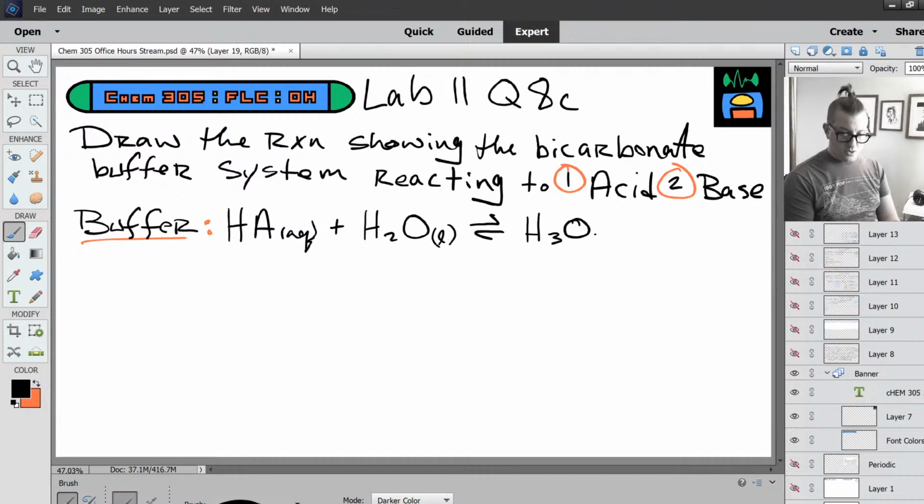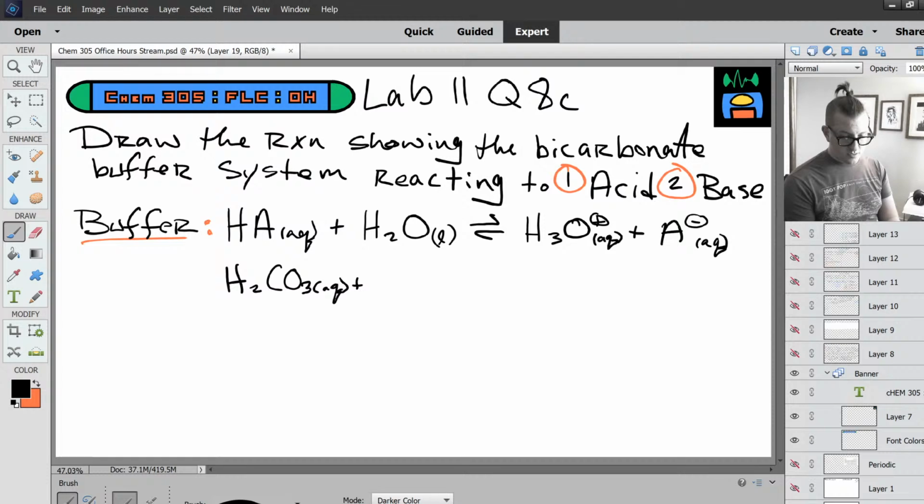So we form H3O plus and A minus. And for the carbonic acid system we've been talking about, HA is H2CO3 plus water.